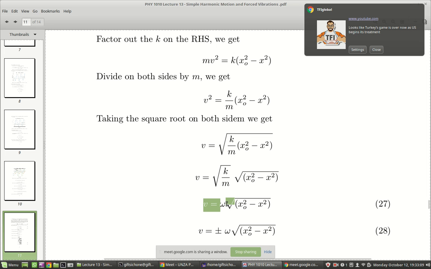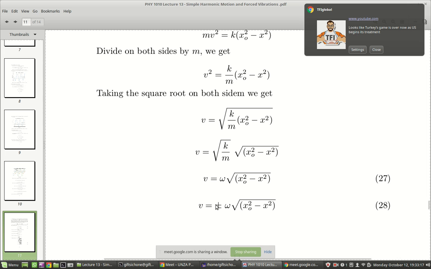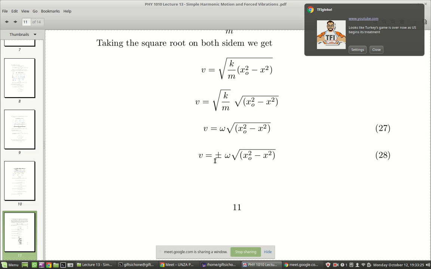If the mass is at the equilibrium position, the extension x is equal to 0, and this equation gives you a maximum value of velocity. This is the reason why we are saying that the mass is going to pass through the equilibrium position with maximum velocity.